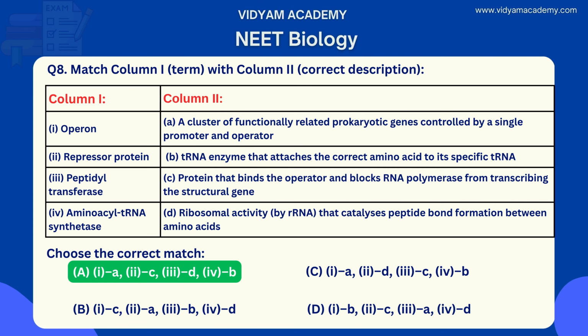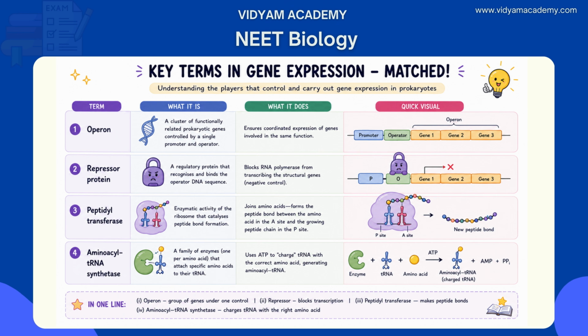The first one, operon, is a unit of prokaryotic gene organization where a group of functionally related structural genes are transcribed together as a single polycistronic mRNA under the control of one promoter and one operator. The lac operon and trp operon are classic examples. Repressor protein, 2 to C, is a regulatory protein that recognizes and binds the operator DNA sequence.